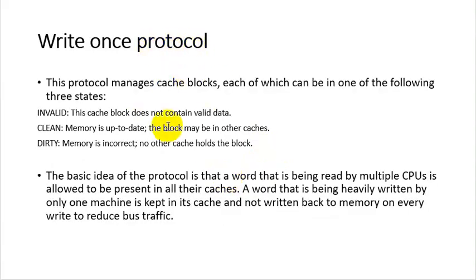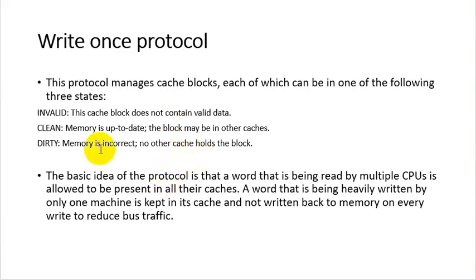Another cache coherence method is the write-once protocol. Instead of updating the main memory after every write, this protocol allows repeated modifications to remain inside the cache. Each cache block can exist in one of three states: invalid, clean, and dirty. A clean block means both memory and the cache have the same value.